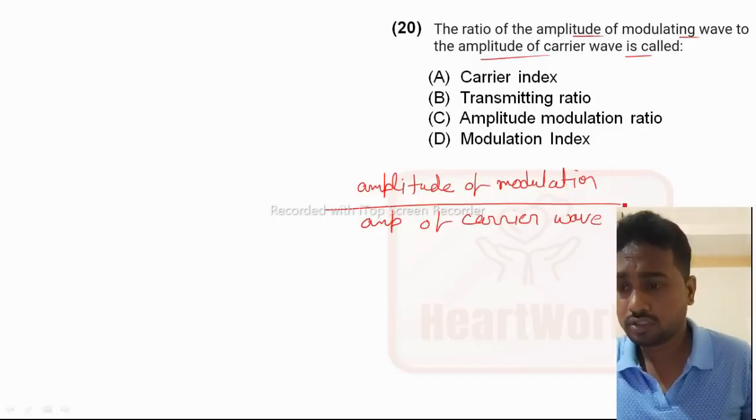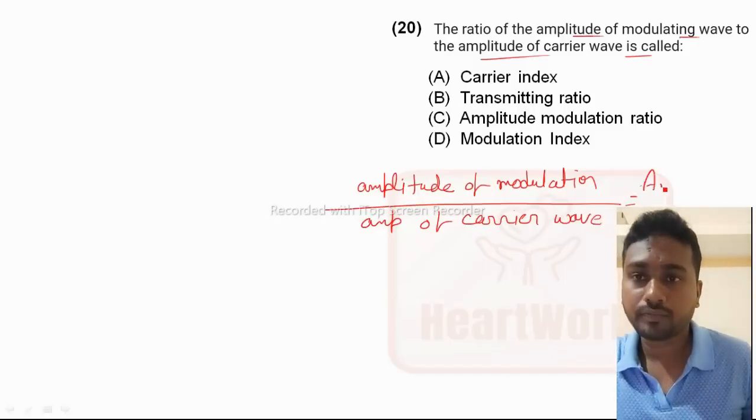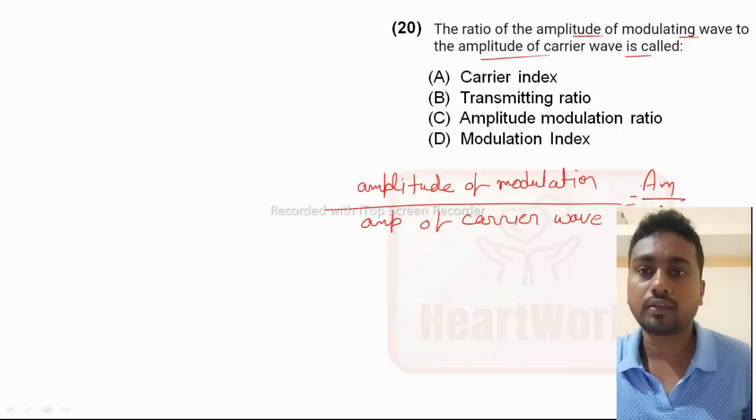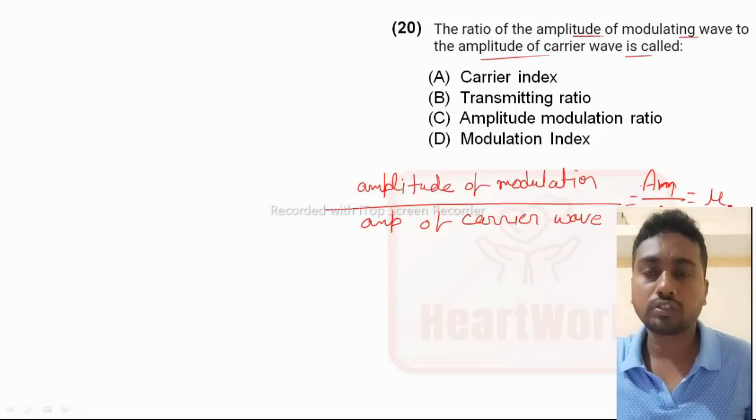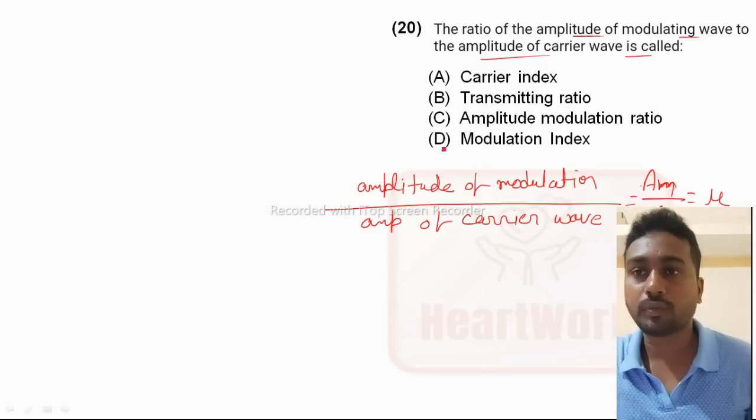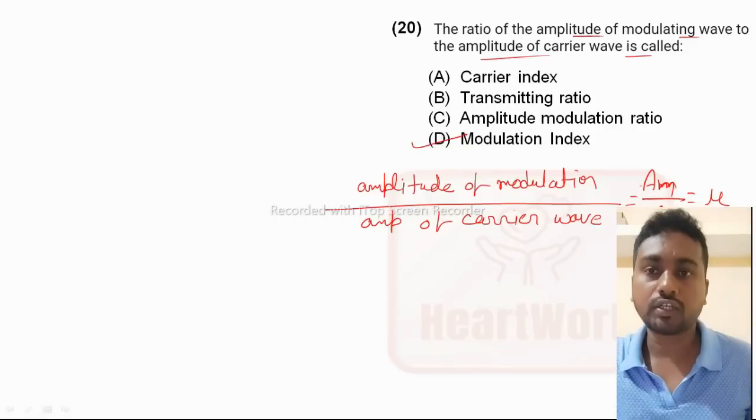We can write Am or Ac, modulation and carrier. We can represent this ratio by mu. This is called modulation index, option D.